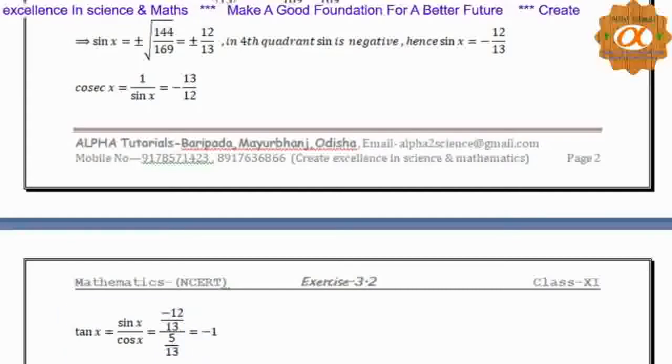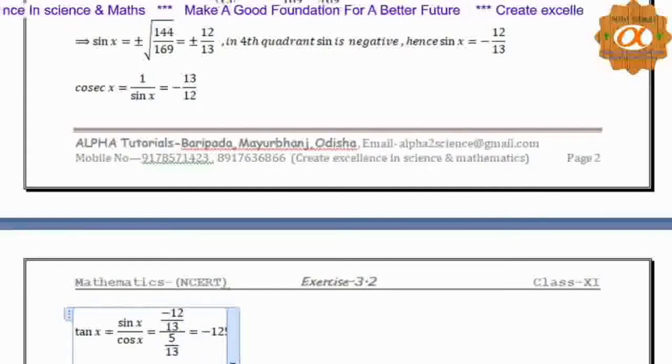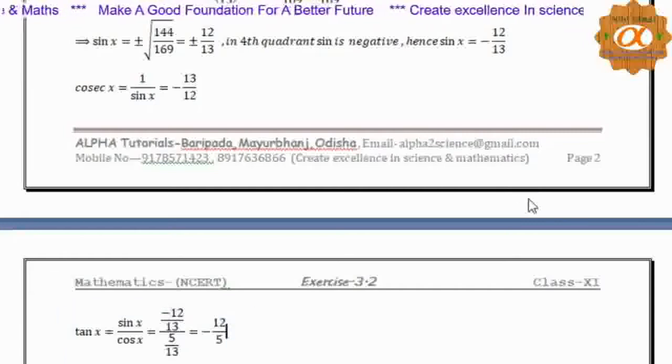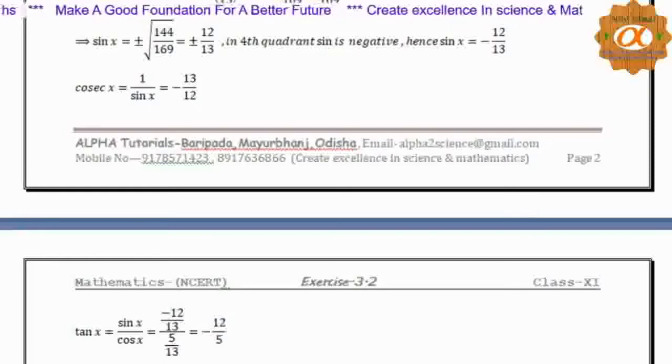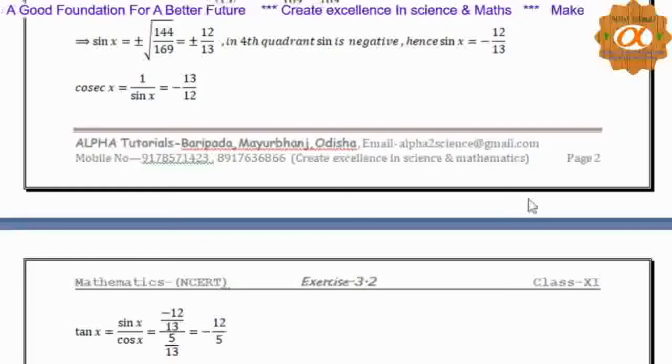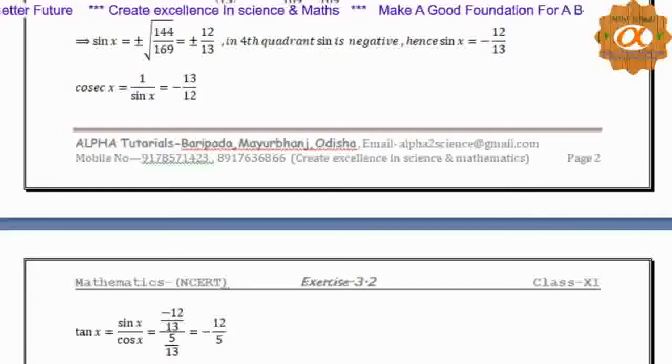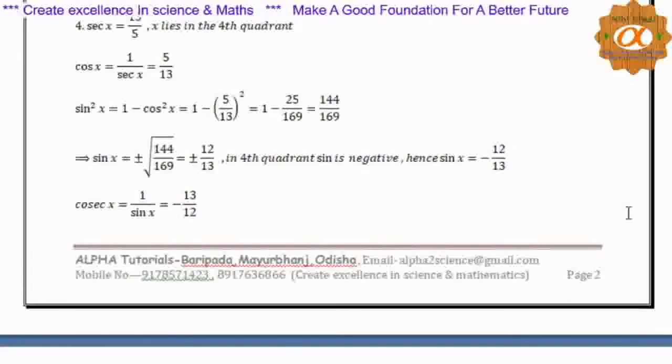It comes out minus 12 by 5. That is tan x. That means cot x is equal to 1 upon tan x, is equal to the reciprocal of minus 12 by 5, it is minus 5 by 12. Hence we got all the trigonometric ratios in question number 4.